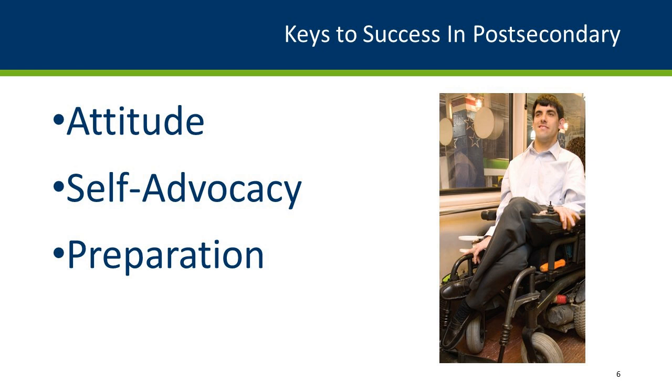We base our student self-evaluation matrix and really our campus tool as well on an underlying assumption that students with disabilities can be successful in post-secondary. There is some preparation and work that goes into that. Some key factors are attitude, self-advocacy, and preparation.